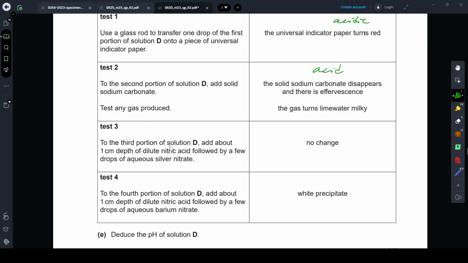To the third portion of solution D, add about 1 centimeter cube depth of dilute nitric acid, followed by a few drops of aqueous silver nitrate. Again, this is a test for halides, no change. So no halide, so it's not hydrochloric acid.